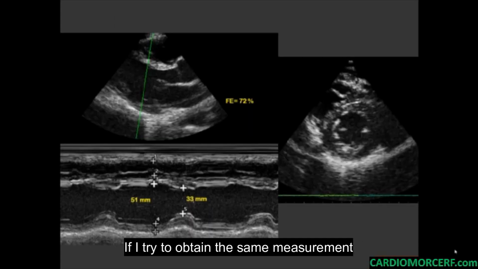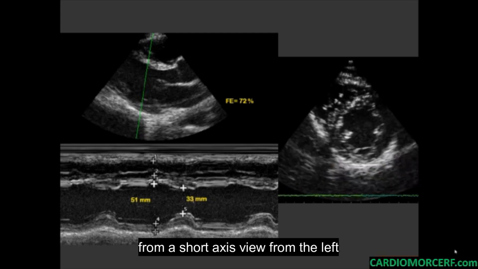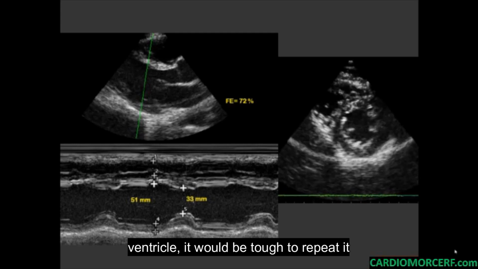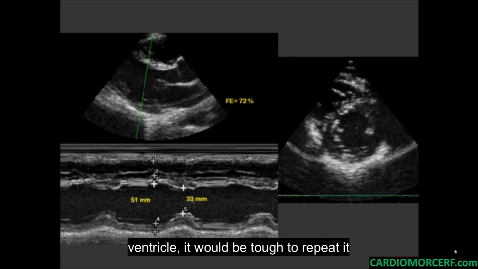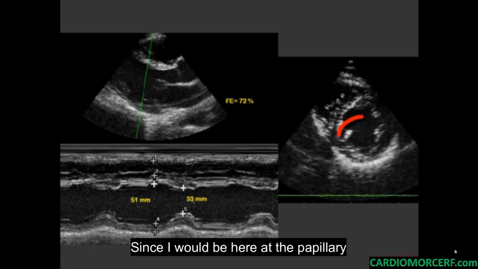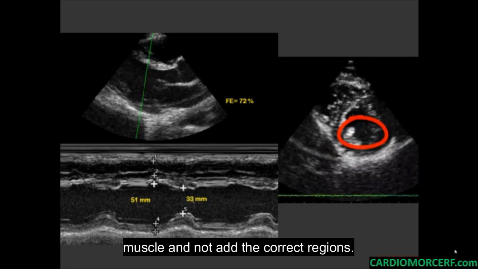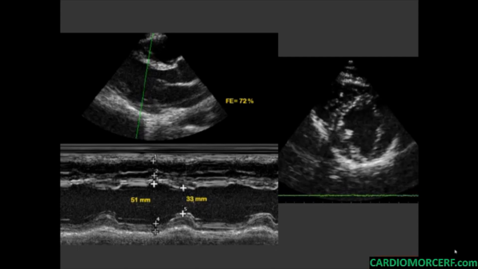If I try to obtain the same measurement from a short axis view from the left ventricle, it would be tough to repeat it shortly, since I would be here at the papillary muscle and not at the correct regions of the chords.